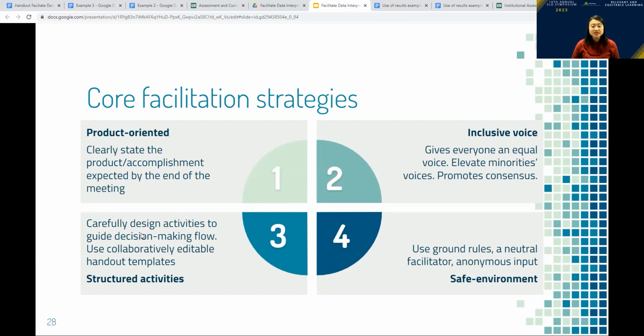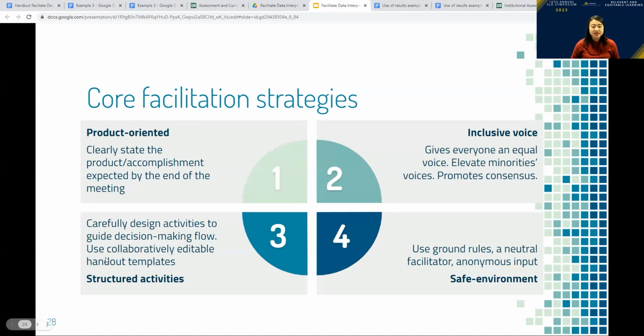Use carefully designed flow of activities to facilitate the decision-making. Brainstorming, narrow it down, prioritize, and then assign individuals to carry out those actions. Big, narrow down, assign specific time, person to carry it out.